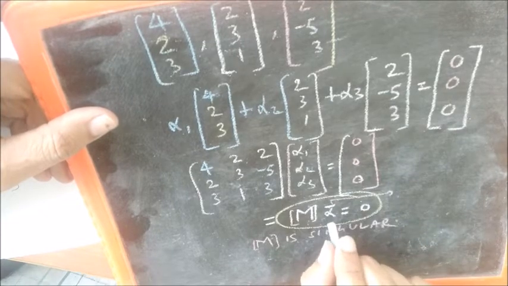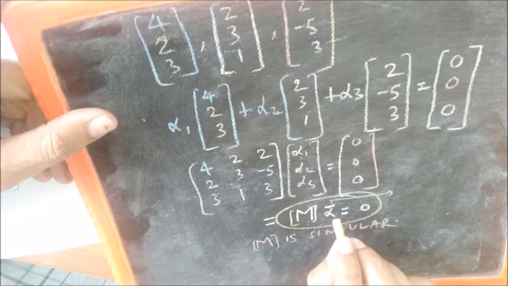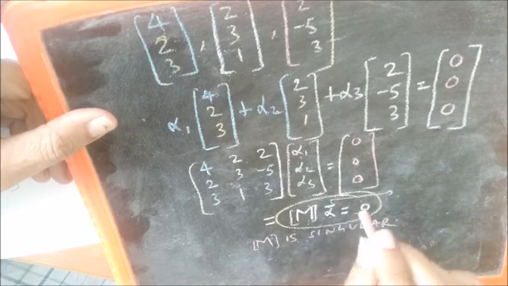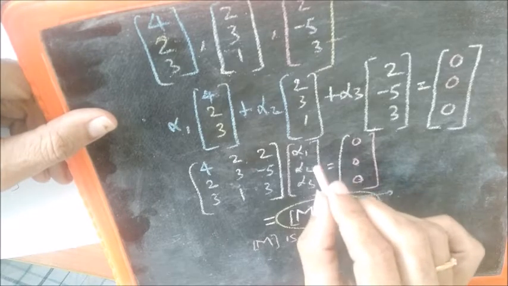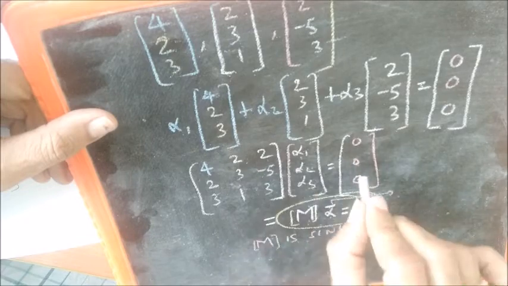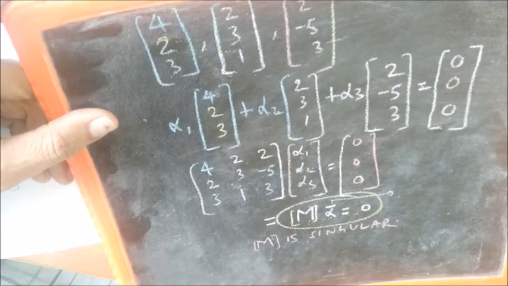That is, we can find a vector alpha which is non-zero and which satisfies this relation. In other words, we will be able to find values for alpha 1, alpha 2, alpha 3 which satisfy this equation, and once it is satisfied, it means that these vectors are linearly dependent.